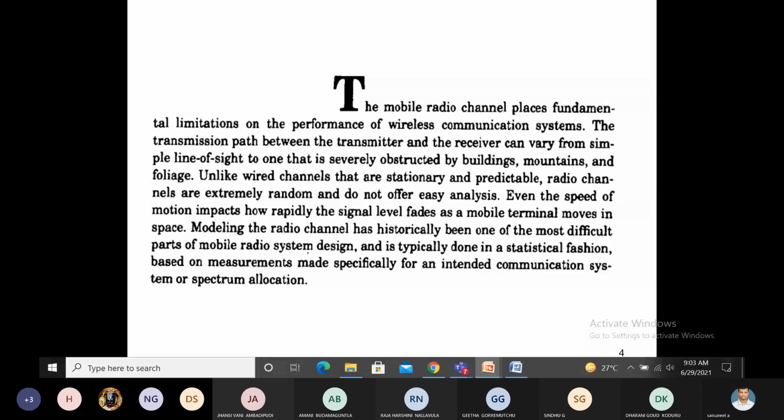But whenever there is no unobstructed line of sight path between transmitter and receiver, nothing but from base station to mobile station, and there are obstacles present between them, that is buildings, mountains, and foliage. Here the foliage losses are nothing but the losses due to trees.